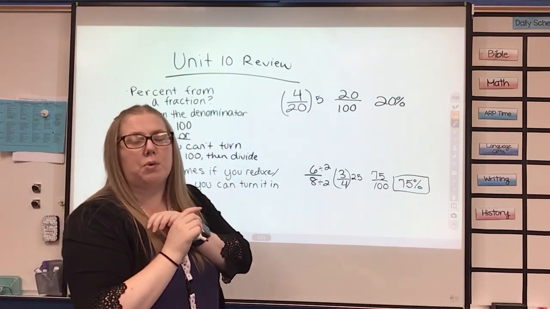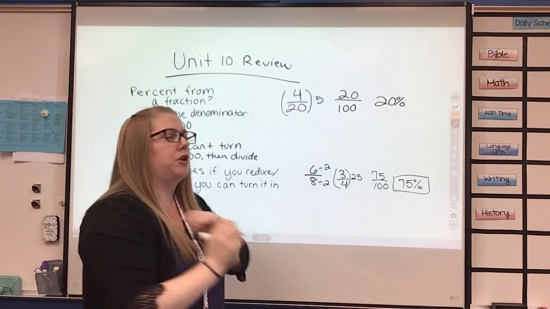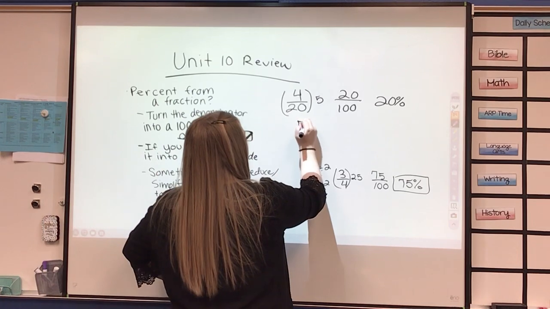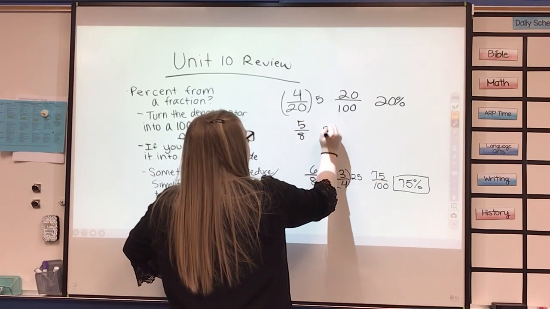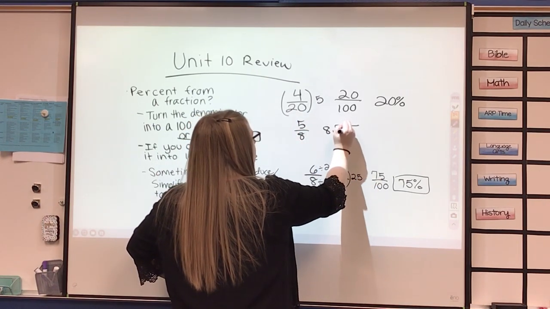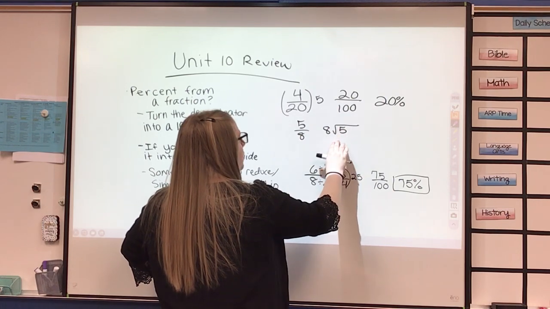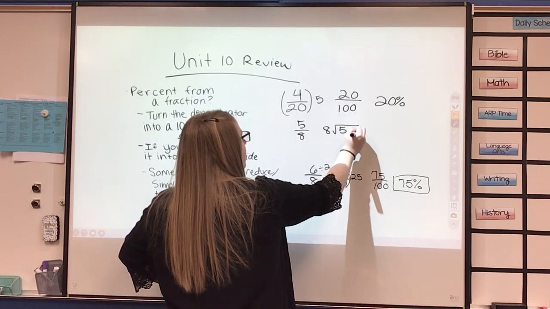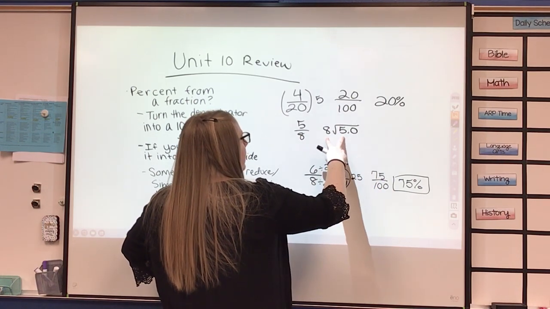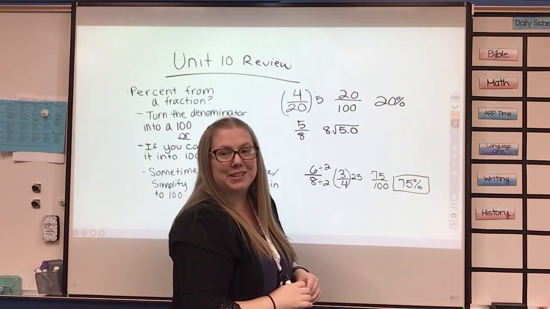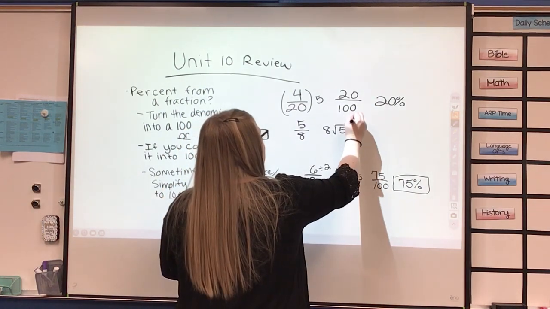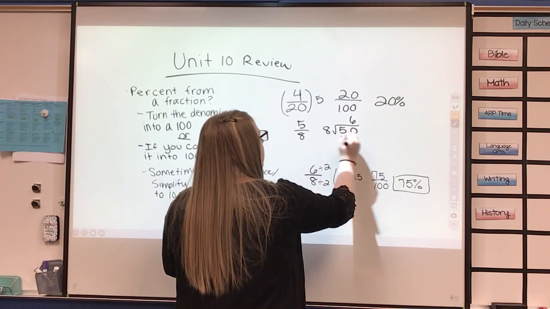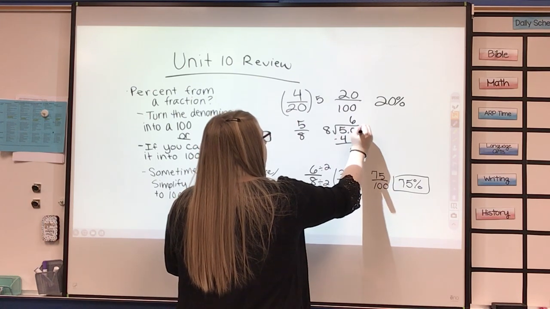Okay, but then what do I do if I can't turn it into 100? I need to divide, so I have 5/8. Okay, I know that 8 can't go into 5, so I'm going to put a decimal point and put a 0. And how many times does 8 go into 50? 6 times, which is 48. I'm going to add another 0.